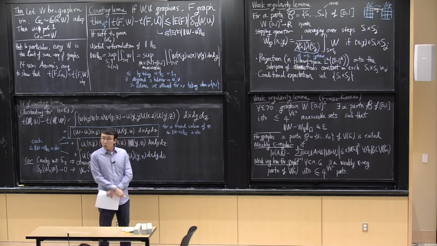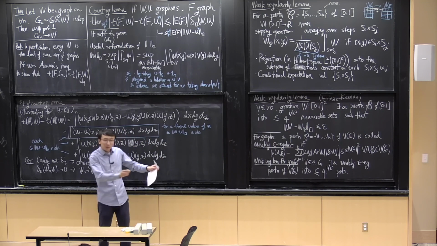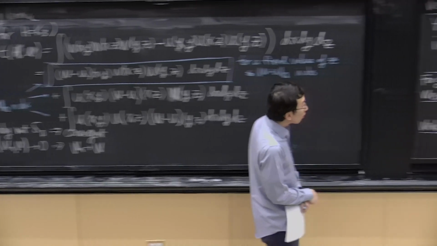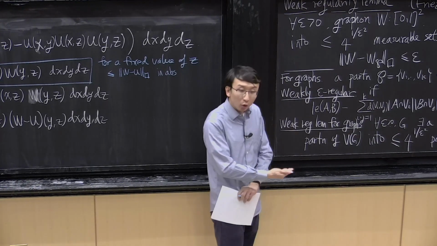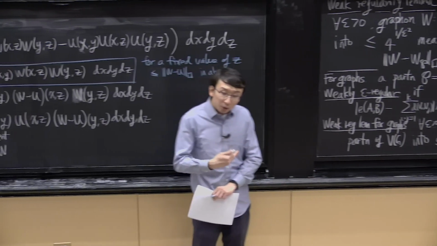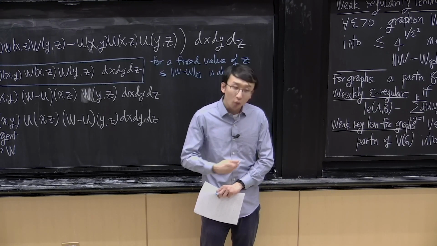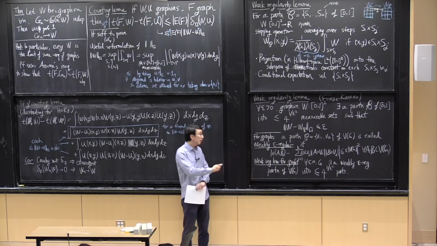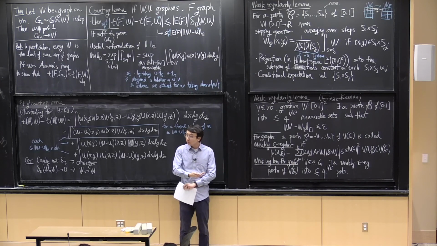Now, you might wonder why Frieze and Kannan came up with this notion of regularity. It's a weaker result if you don't care about the bounds, because an epsilon regular partition will be automatically weakly epsilon regular, maybe with small changes of epsilon if you wish.